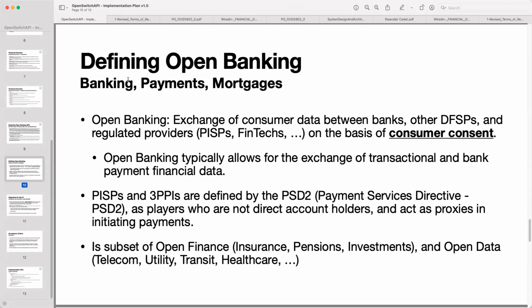But going forward for other PISPs, fintech, third-party payment aggregators, it would be best to use an open banking API rather than the cumbersome ISO 222, which obviously takes a lot of time for integrators to get accustomed with.